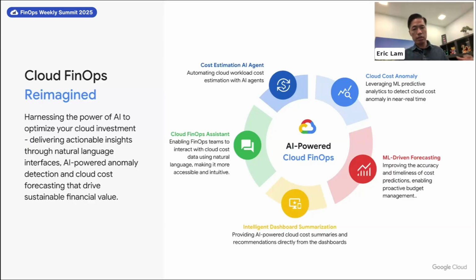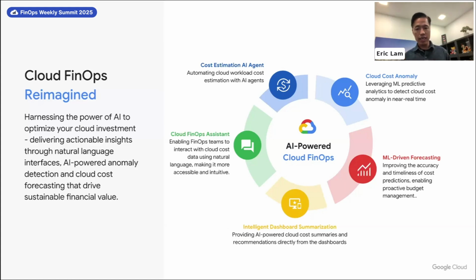Not only based on your historical data, we can insert your business drivers, your sales campaign, any other externalized data that might impact your cloud spend, which can be input into your forecast model to drive better forecast accuracy.